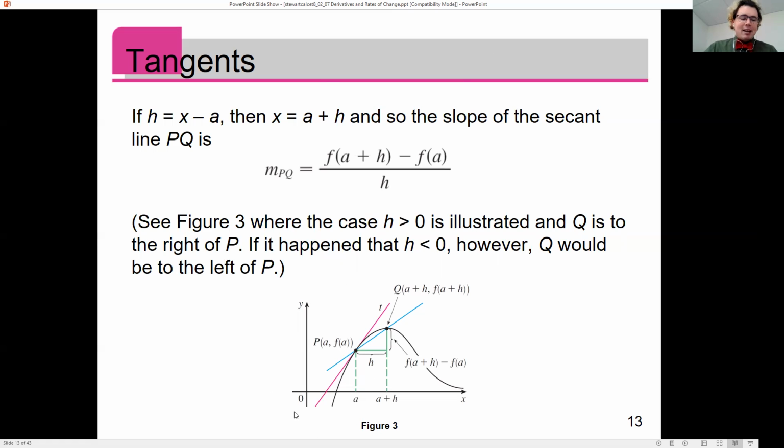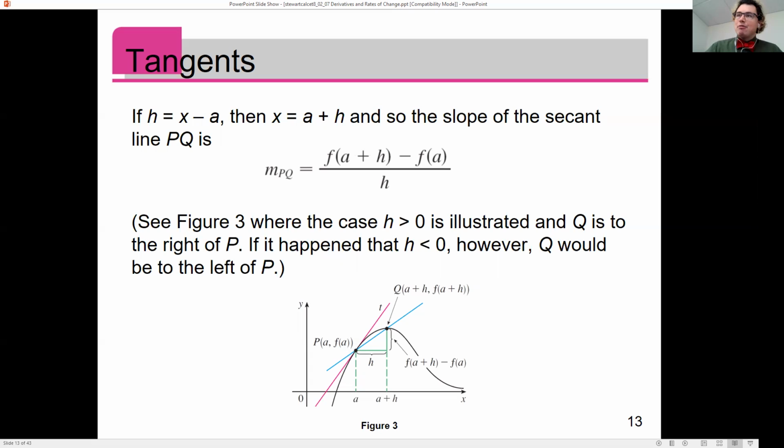And here is that very same picture drawn in again, now using the h instead. So it's helpful to remember that the coordinate a is something that we pick, and it is not going to change. We're trying to find the slope exactly at this point, x coordinate a, y coordinate f of a.